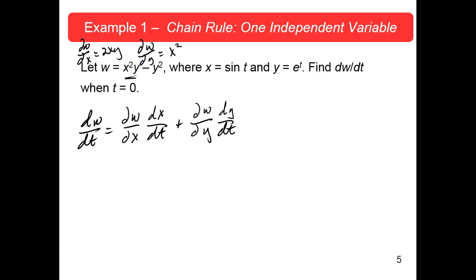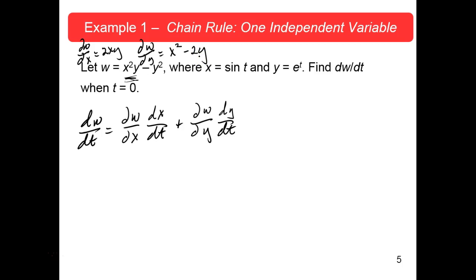Say dw with respect to y. For the first term, that'd just be x squared, and then minus, it's just 2y. That's it.